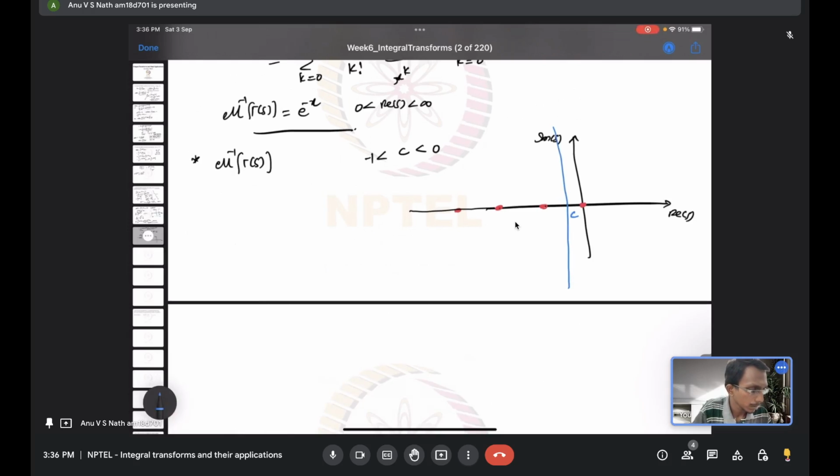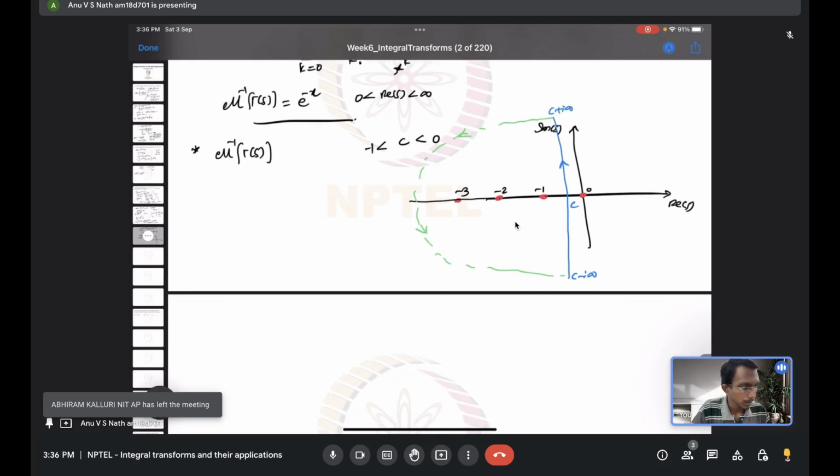So this is c, from c minus i infinity to c plus i infinity. So I am integrating over this line. This is 0, this is minus 1, minus 2, minus 3, and then I am closing this contour on the left side.